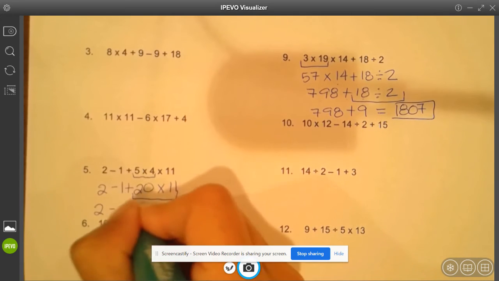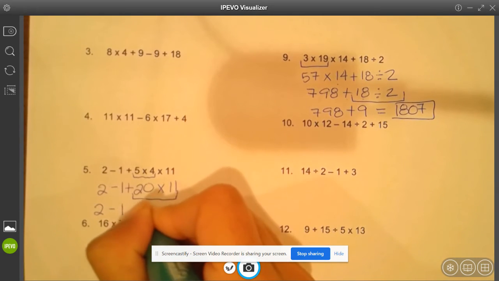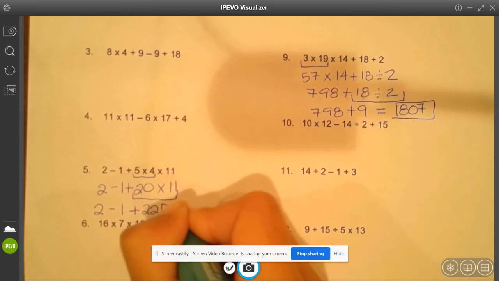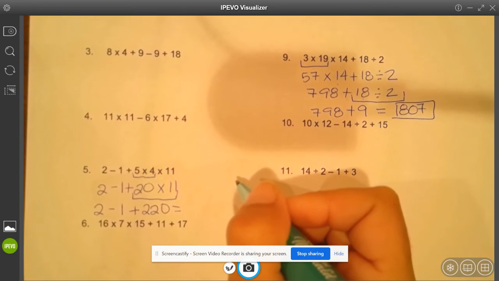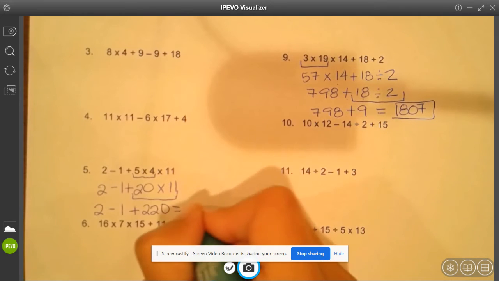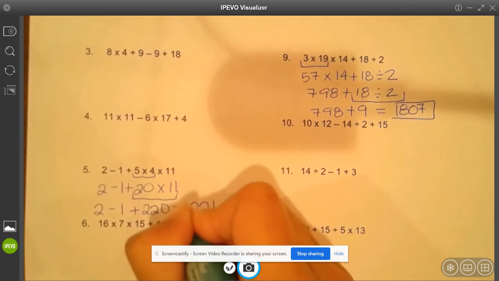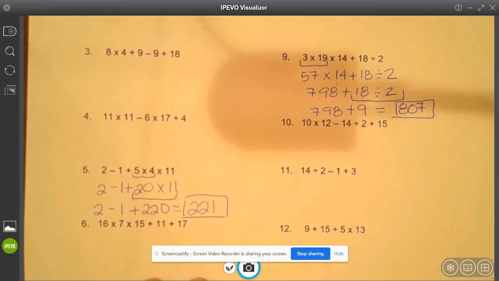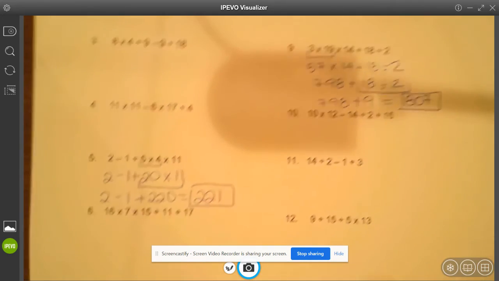So 2 minus 1 plus 220. And now I can go from left to right and just put it in my calculator in order. 2 minus 1 plus 220. That would be 221. And that is my answer. All right, so notice that I just get a number. That's what you should get.